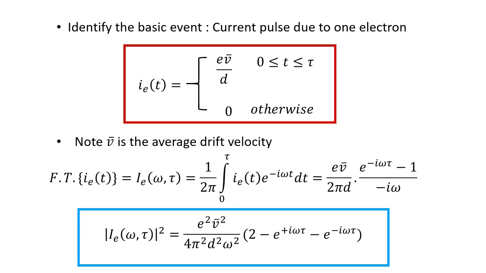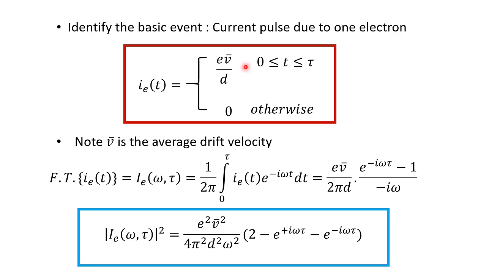So to get to noise characteristics, like always, we need to identify the basic event. The basic event is the single electron current due to a single electron going across. So there's a charge, there is V bar by D, and of course this current contributes only within the time 0 to tau, before it gets lost due to scattering.